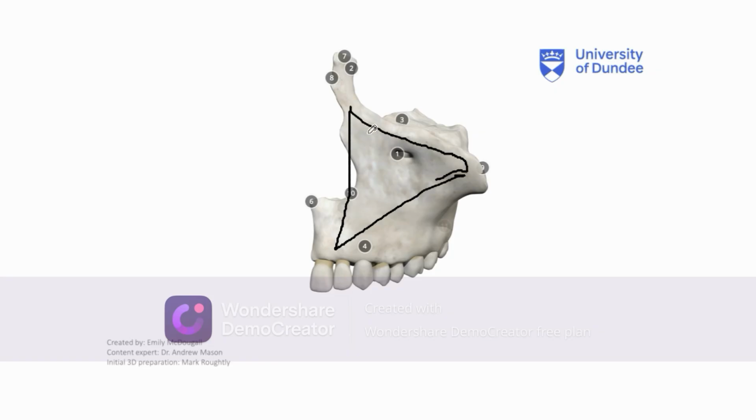The base of the triangle is facing towards the nasal side and the apex is towards the zygomatic side. So the apex is directly related to the zygomatic process. There are four surfaces of the body of the maxilla. I hope this is clear to you.